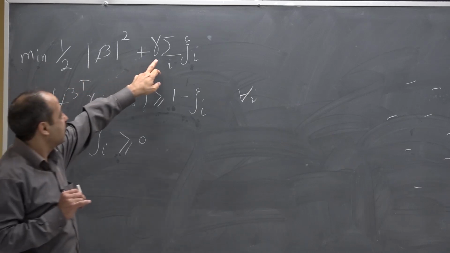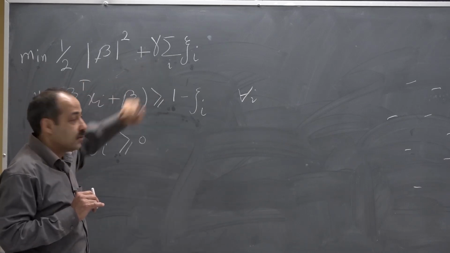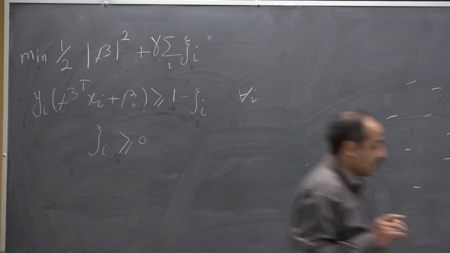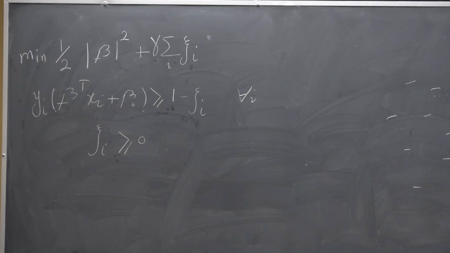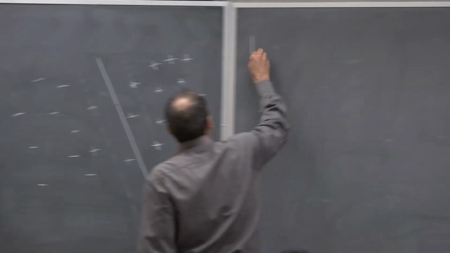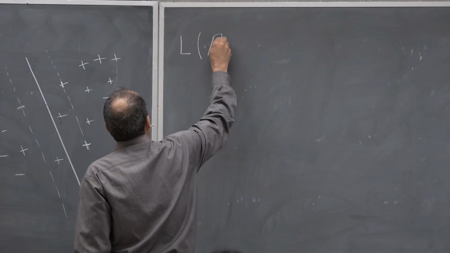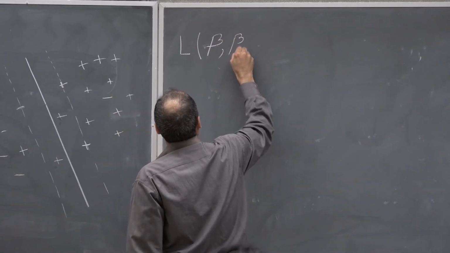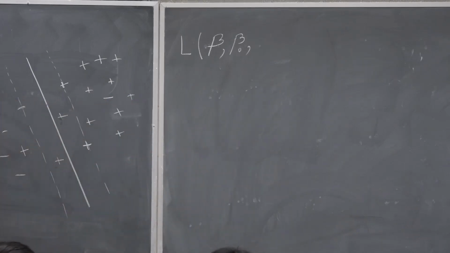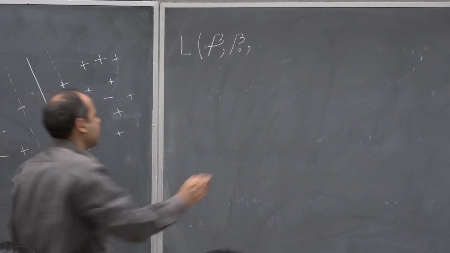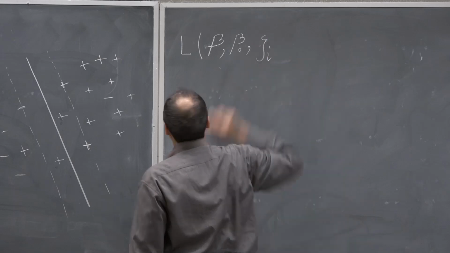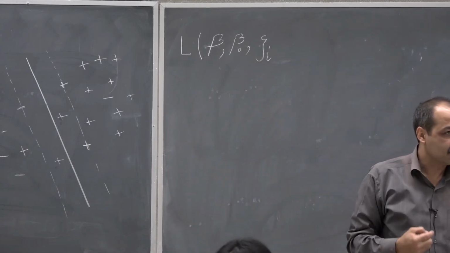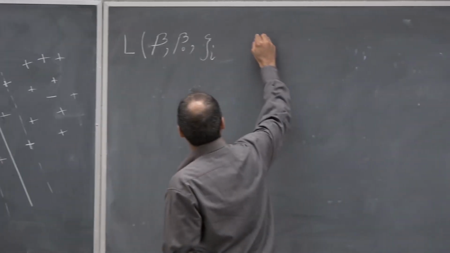This is a constant. It's not a new variable. This is a new variable. So I can write a Lagrangian, exactly what we did for the hard margin. Now my primal variables are beta, beta null, and I have a new primal variable, this zeta. And I need to define some dual variables, right? Okay.